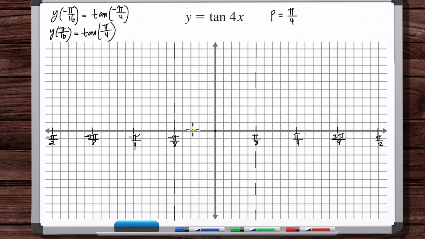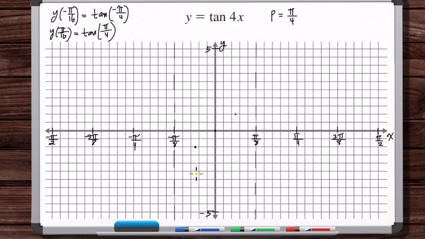So pi over 4 is here. Let's do 5 to minus 5. Tangent of pi over 4 is 1, so here's 1, and then it's odd, so tangent of minus pi over 4 is minus 1.